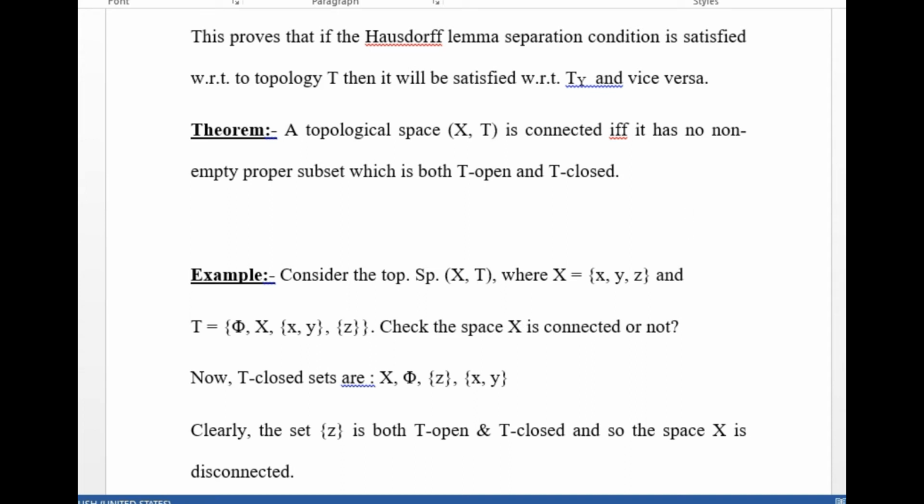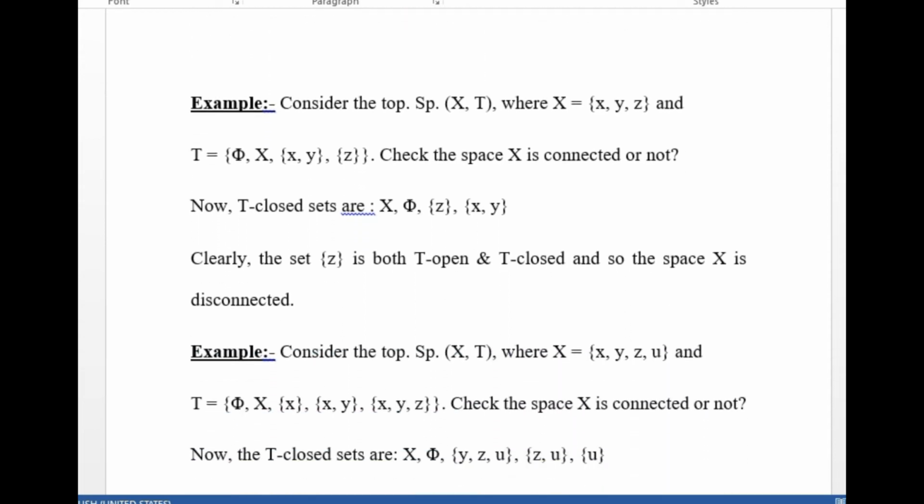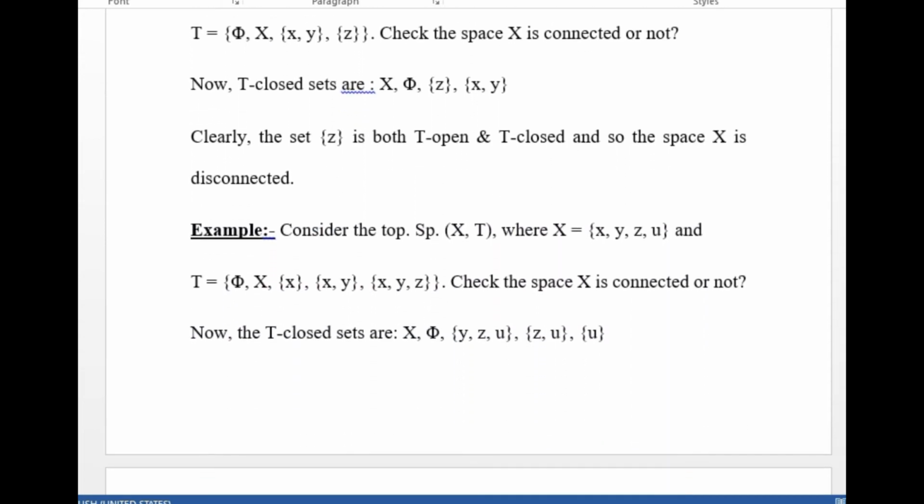Okay. You know the elements of the topology T are open sets, T open sets. So we find the T closed sets. The T closed sets are obtained by taking the complement of these sets.